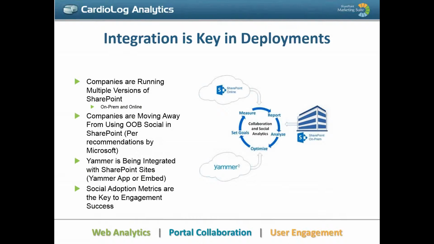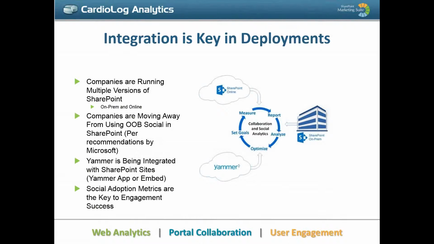In terms of what we're seeing in the industry from an integration perspective, we're seeing a lot of companies move away from, not only are they running multiple versions of SharePoint, as I mentioned earlier, but they're moving away from using the out-of-the-box social capabilities within SharePoint. I've talked with many companies that are in the process of either abandoning and stripping out and not using the activity feed and the OOB social capabilities, mostly from an activity feed perspective.